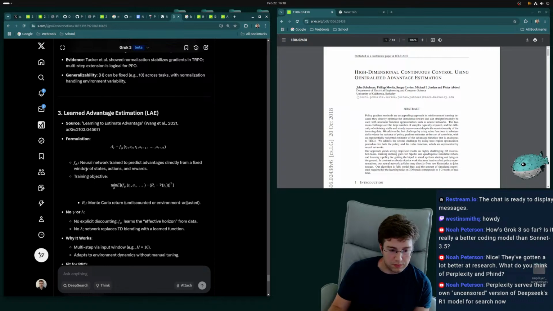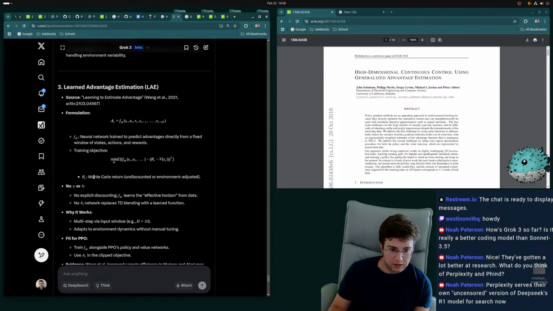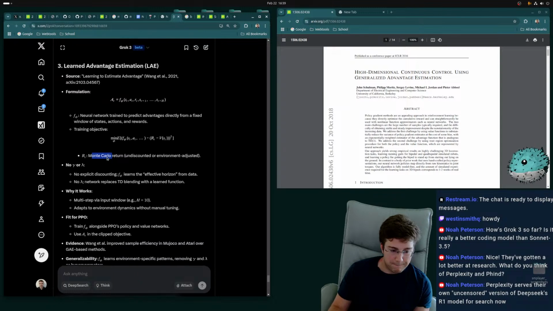States. It's not trained to predict advantage though. It's trained to predict Monte Carlo return, right? Oh no, wait, 'cause it's the difference between. Hmm.